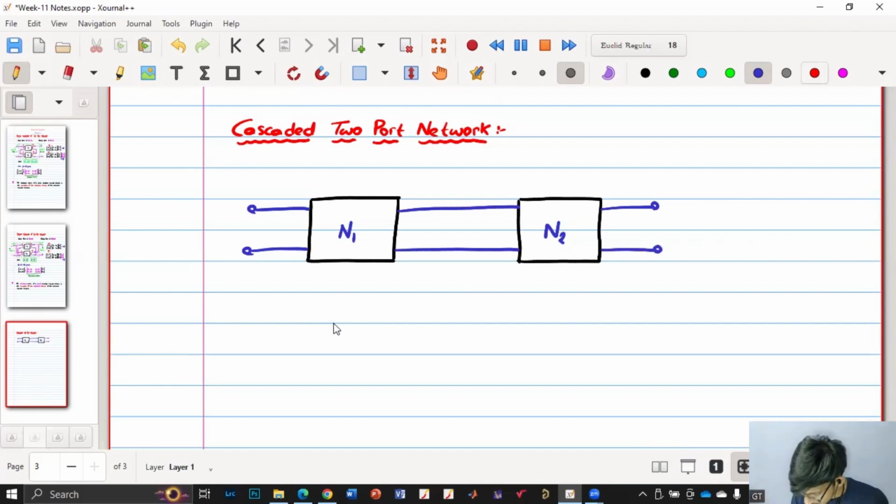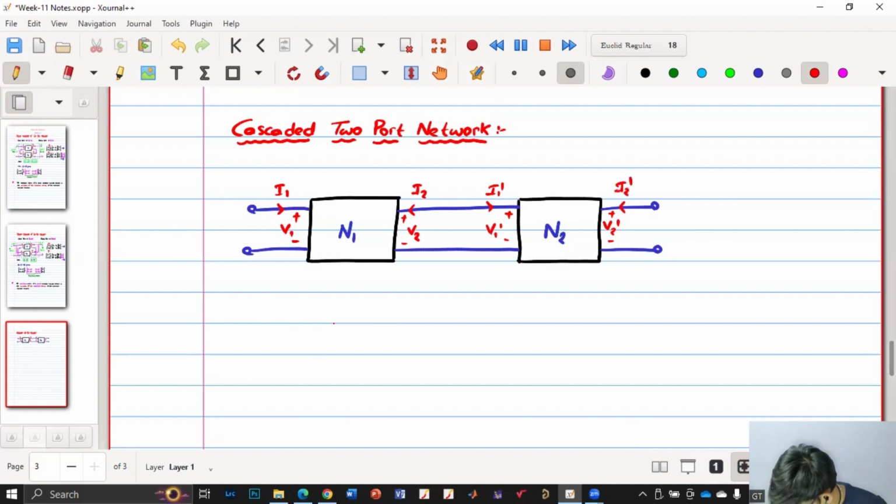Let me quickly write the polarities. Say this is V1 and the current is I1. And here, kindly check, I am not changing the polarity or any direction of the currents. So now here let us take V1 dash and say the current is I1 dash. And here the polarity is say V2 dash and the current is I2 dash.